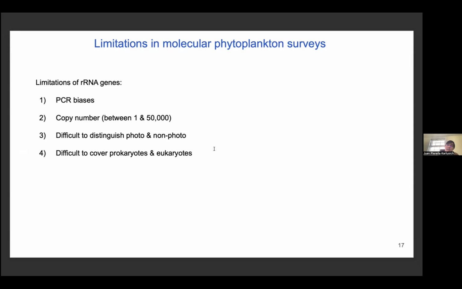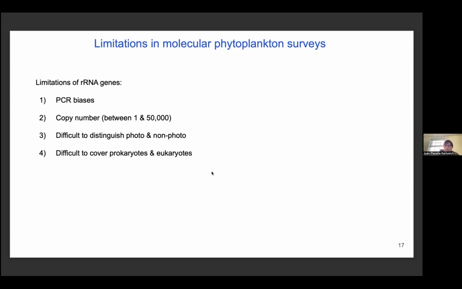So there are many cases, for example in dinoflagellates, in which, in closely related species, one species is photosynthetic in the traditional way, so we can consider it phytoplankton, whereas others are, let's say, heterotrophic.